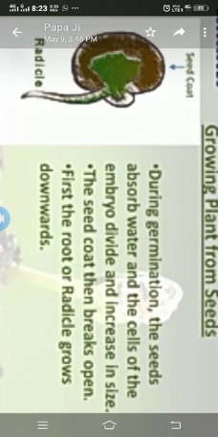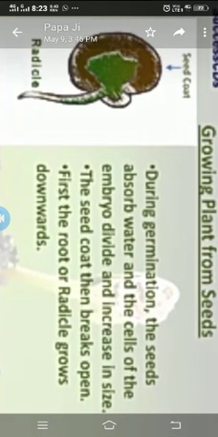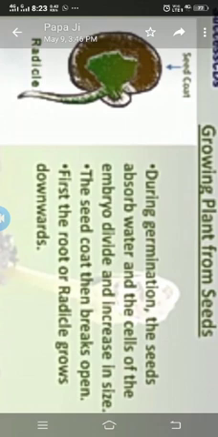During germination, the seeds absorb water and the cells of the embryo divide and increase in size. The seed coat then breaks open.